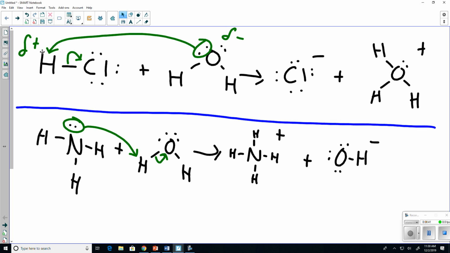Something that we will definitely get into more in the second semester is that water in the first one accepts an H+. That means water is acting as a base, according to the Bronsted-Lowry definition. In the second problem, water is donating the H+. It's acting like an acid, according to Bronsted-Lowry. That being able to act as either an acid or a base, depending upon what you are around, is referred to as an amphoteric property.